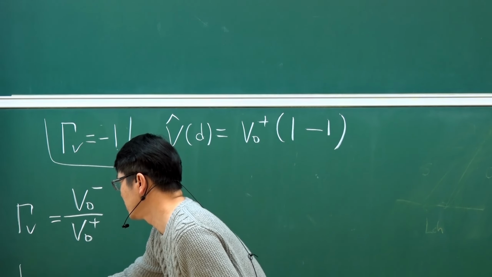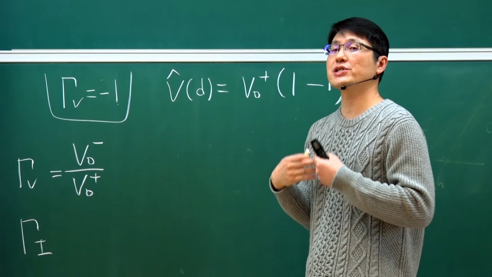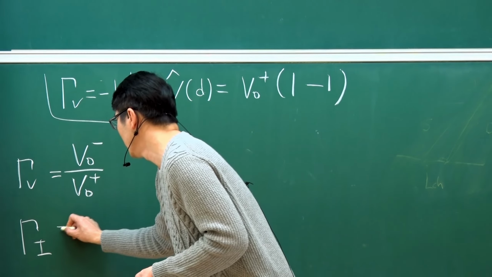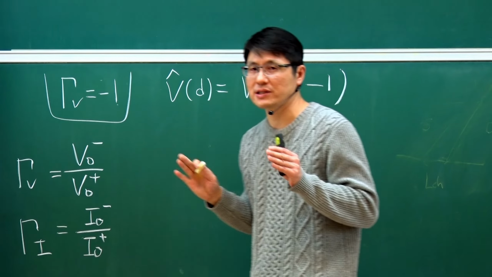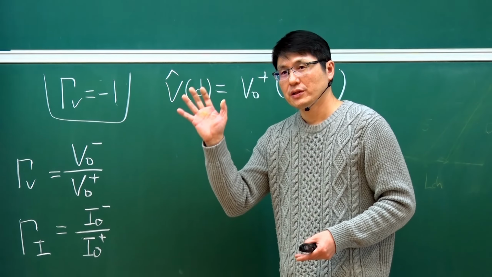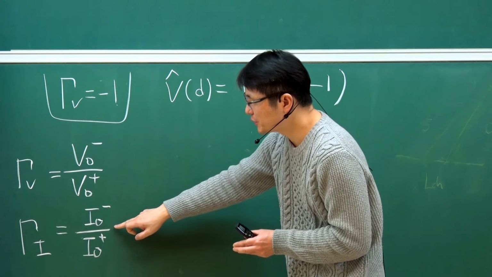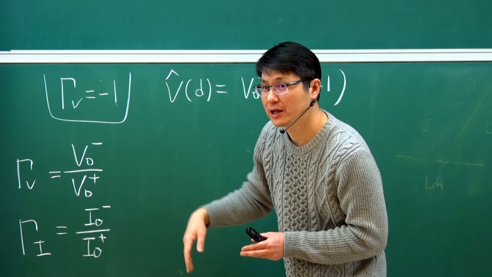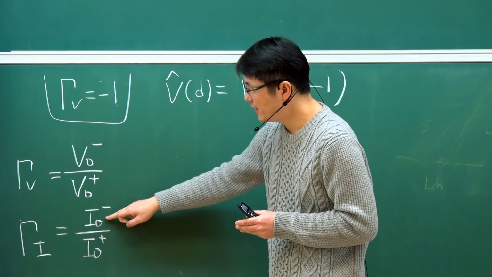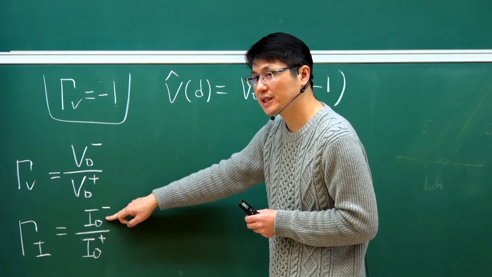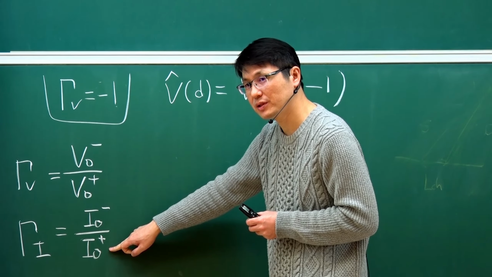You can also define the reflection coefficient in terms of the current amplitude. You can also have this, I0 minus over I0 plus. That's also possible. Go back home after the class and try to derive everything using the definition of gamma I as defined by the reflected current amplitude to the input current amplitude.